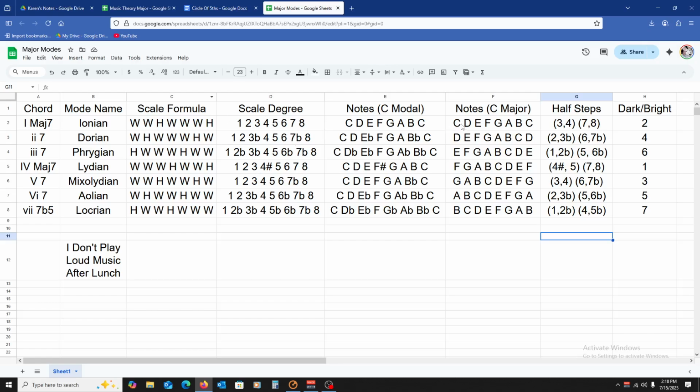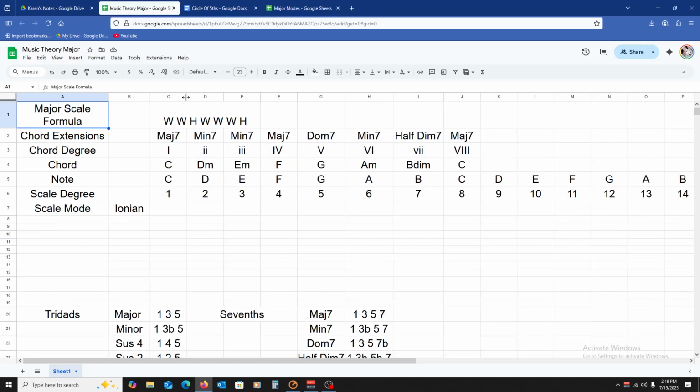And so if you're in the key of C, you would start on the second degree, or the second chord, right? And so you have C, D minor, E minor, F, G, A minor, B diminished, C. Well, D minor is the Dorian mode in C major, or D Dorian, if you will.